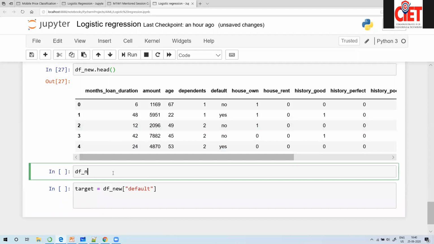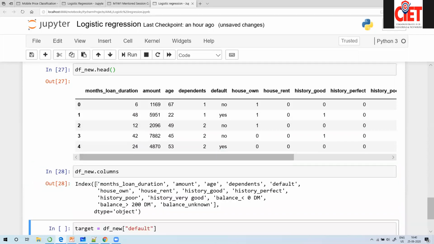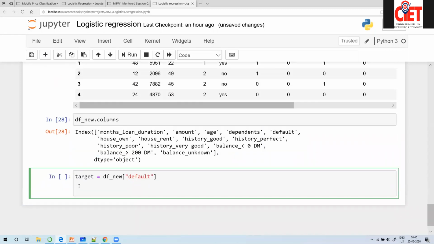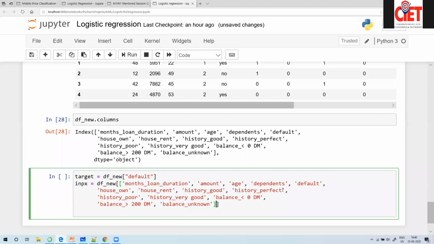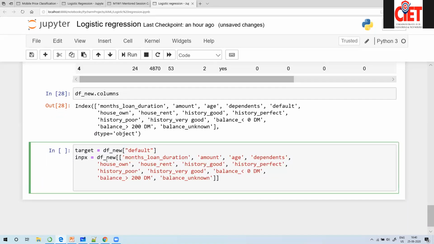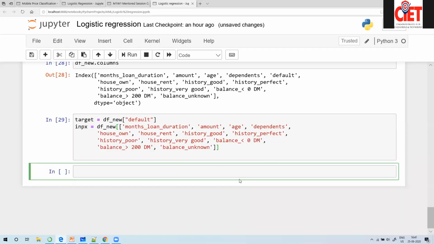So df underscore new dot columns, so it would be easy for us to copy and paste. So these are all the columns that are going to be in input x variables. Input x variables is equal to df underscore new, and select all of this, except what variable? Default. Default should not be there because default is our target variable. That variable should not be in our input x. So we have separated them.